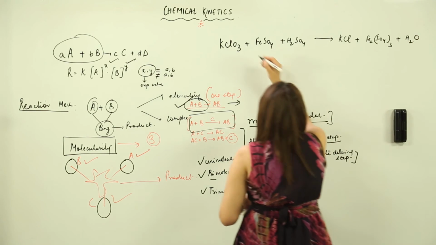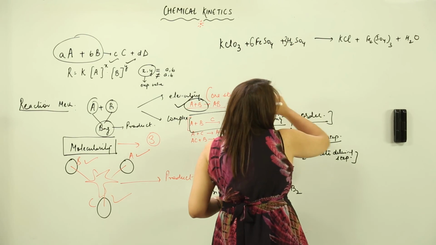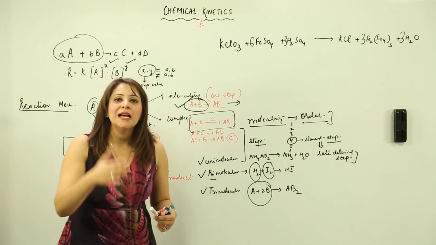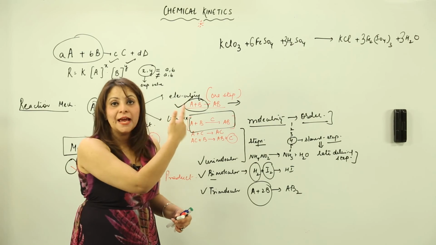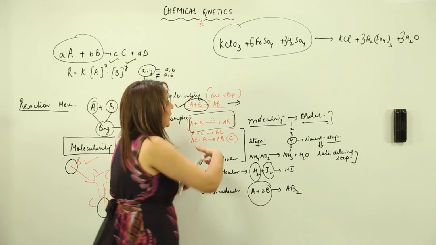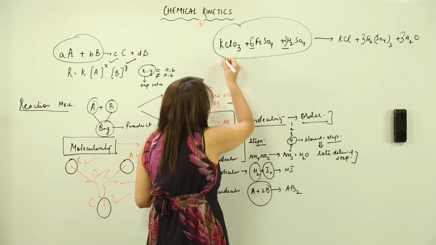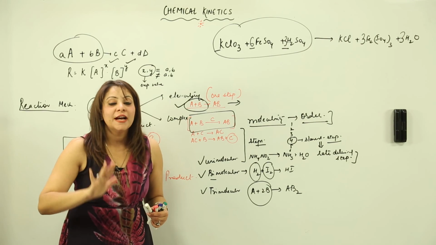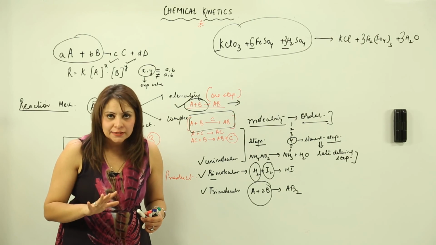And if we balance it, we get 6 moles, 3 moles, 3 moles, and 3 moles. If I ask you about the molecularity of this reaction which I wrote, how many reactants do you see in this? Obviously it has 6 reactants of this and 3 of this and 1 of this. So 6 plus 3 plus 1 is 10, which means it is involving 10 reactant molecules.